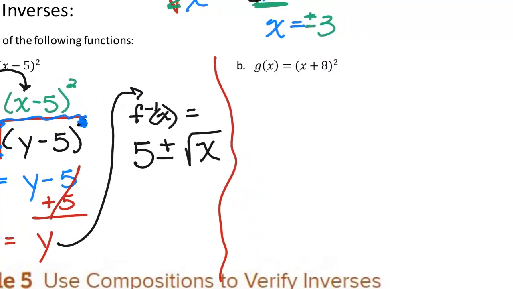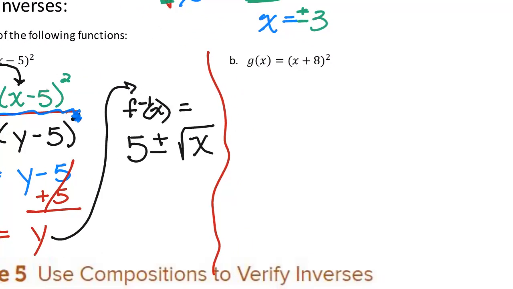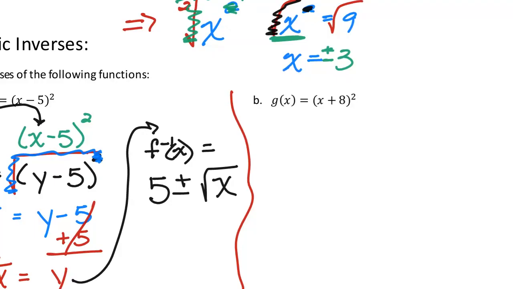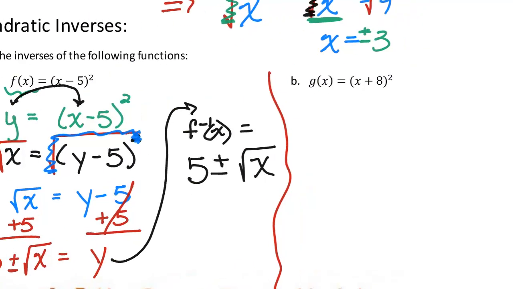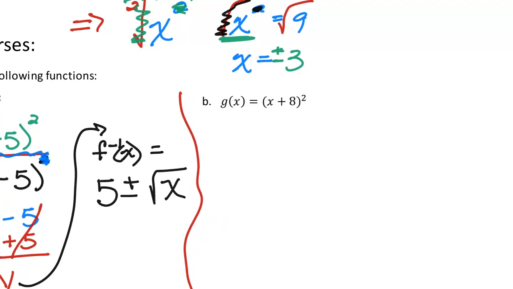So here we go again. G of x is equal to x plus 8, that quantity, squared. It says we want to find the inverse. All right. So first up, I'm going to change g of x to show as a y. Y is equal to, parentheses, x plus 8, quantity squared.